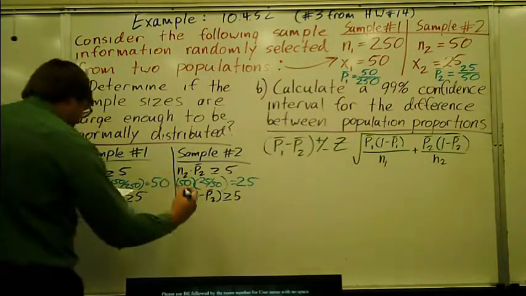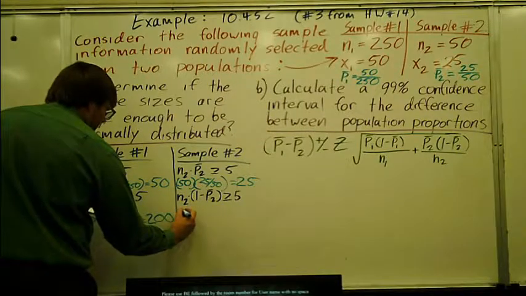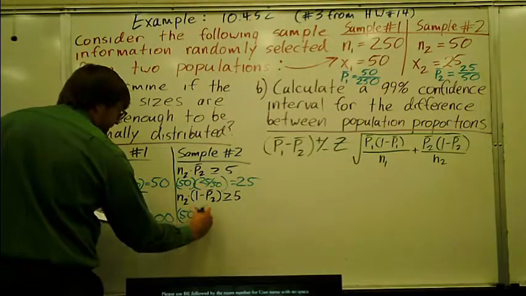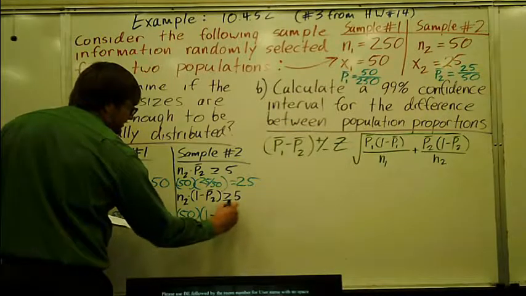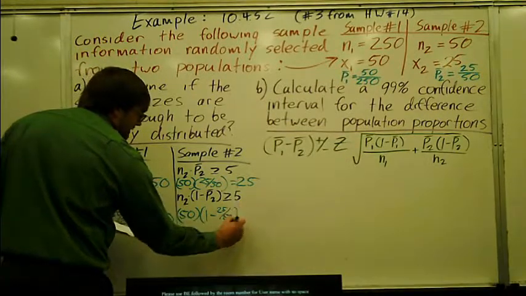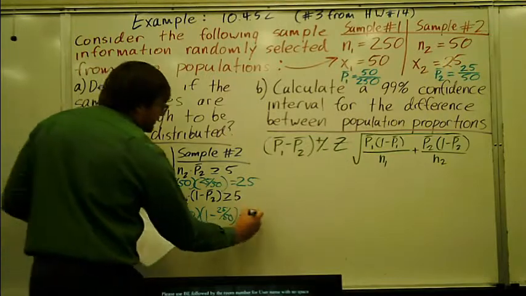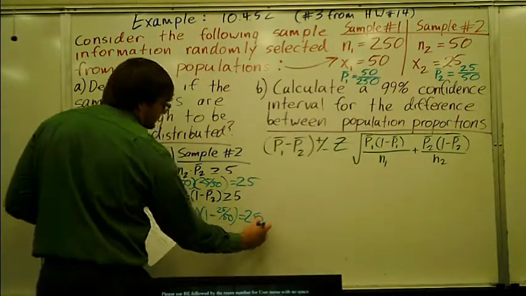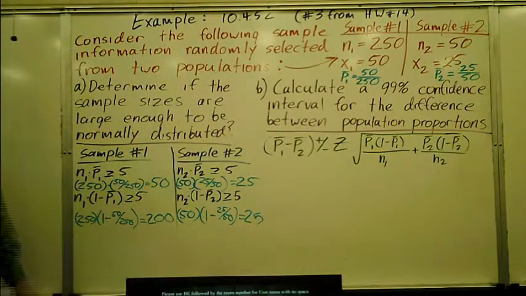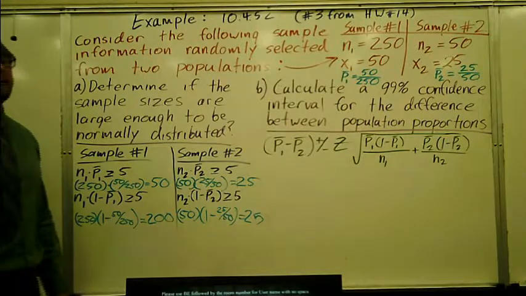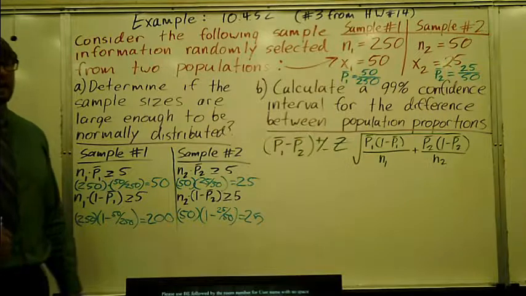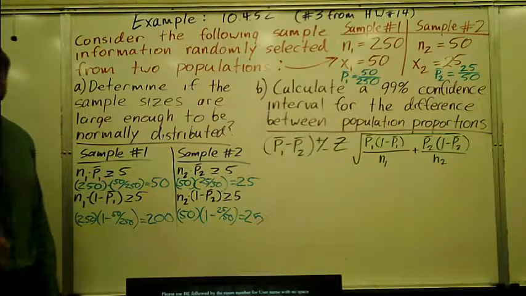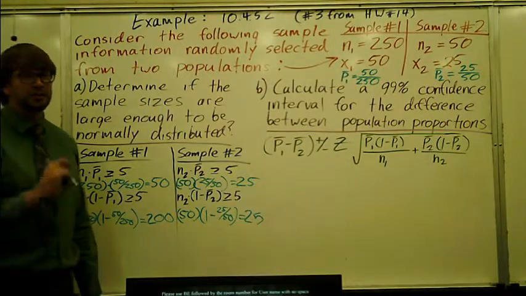Then same thing, n2 is still 50, now multiplied by 1 minus our sample proportion, and that's equal to 25 as well. So all those values are greater than 5, so both sample 1 and sample 2 sizes were large enough that we can assume they're approximately normally distributed.